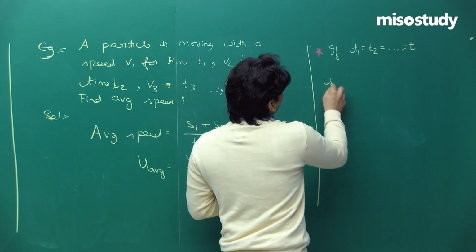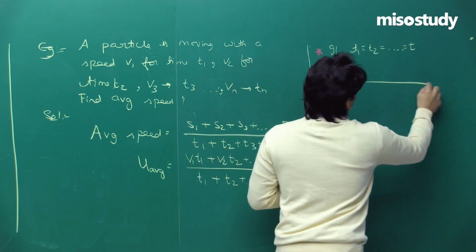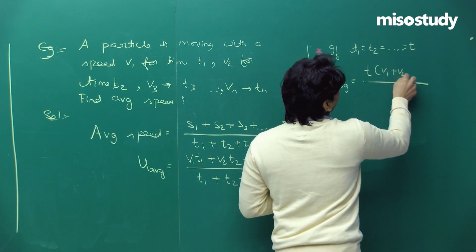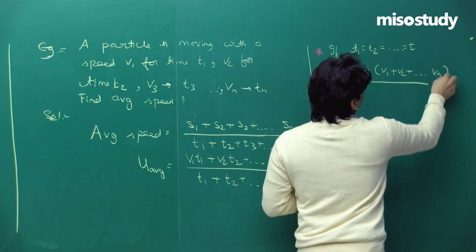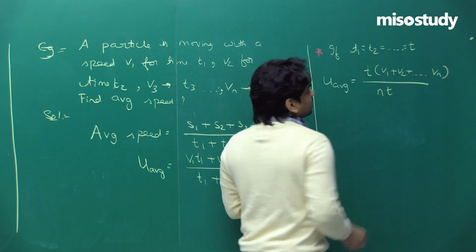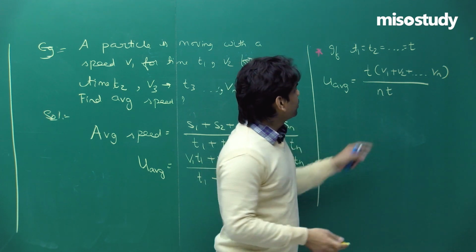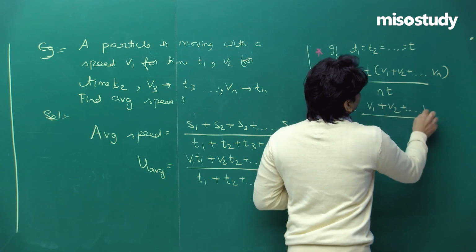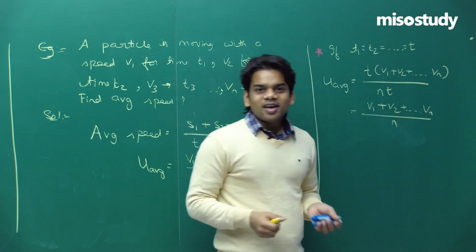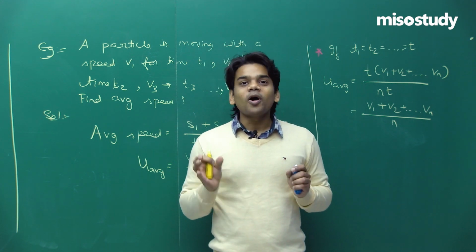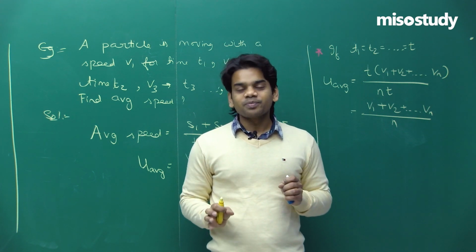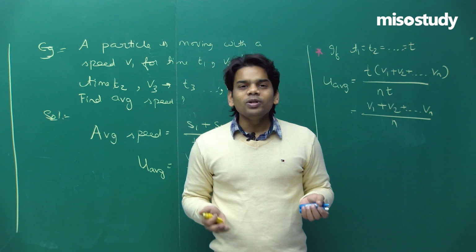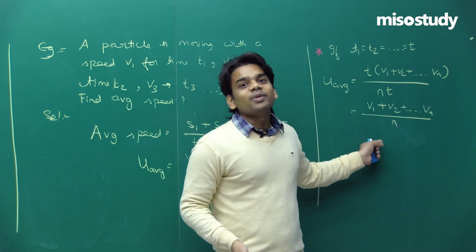So we will be getting average speed as t times v1 plus v2 up till vn, upon, let's say there are n intervals, so n into t, and t will be cancelled out. You can make it very simple: v1 plus v2 up till vn divided by n. So what we are finding is, if for a fixed time period a body moves with a certain speed, and for another fixed time it moves with a different speed, if you want to find the average speed, you will just simply add all the speeds and divide by the number of time intervals.